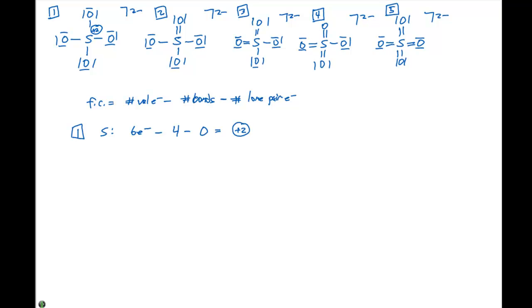Each of the oxygens are going to be exactly the same because they're all singly bonded. Each oxygen has 6 electrons, minus the number of bonds, there's going to be 1 of them, minus the number of lone pair electrons, there's going to be 6 on each of those. So each oxygen in this particular case is going to have a -1 formal charge.